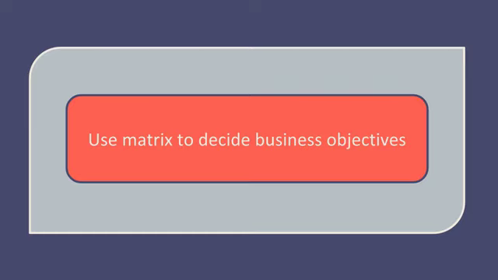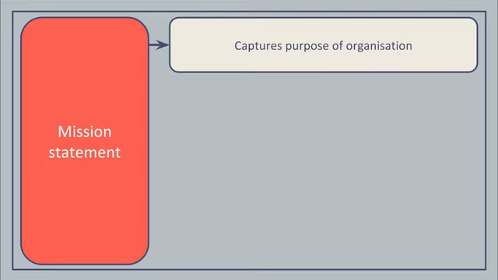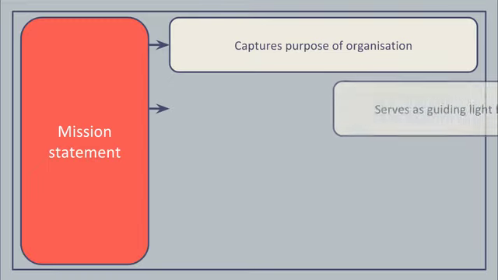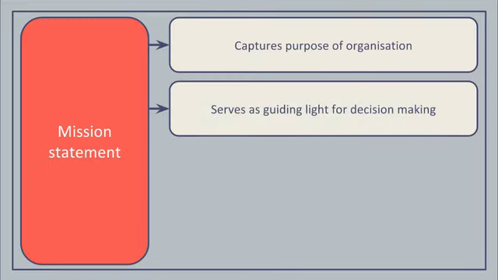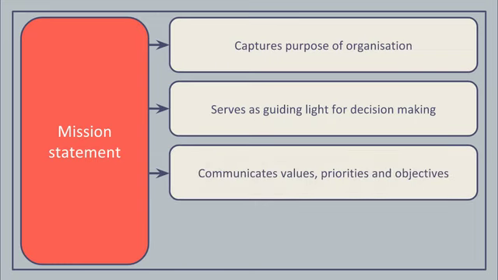Management can use the matrix to help them decide the overriding objectives of the business, and from this flows the organisation's mission. A well-worded mission statement should capture the purpose of an organisation. It should serve as a guiding light for decision-making in the organisation and communicate the values and priorities as well as objectives of the organisation.